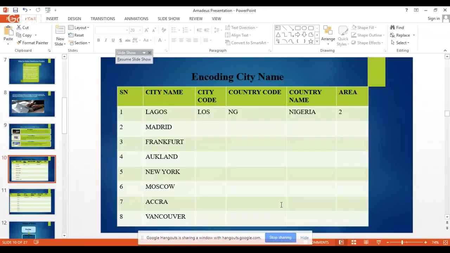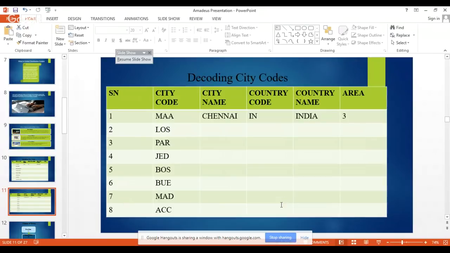Most Canada cities start with Y. YVR Vancouver, YMQ Montreal, YAZ Halifax, and so on. For Vancouver, it's YVR. Then the country code is CAN, the country name is Canada, and it's in Area 1. It's also in North America.